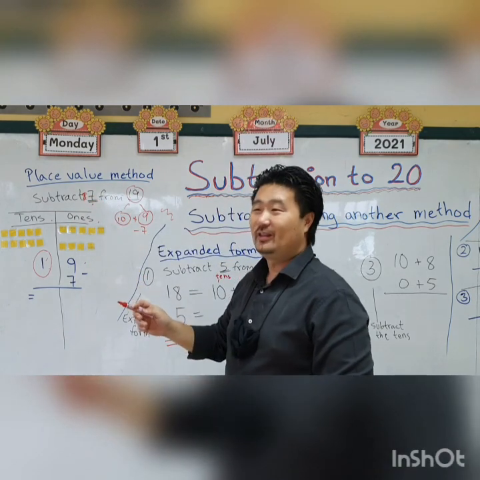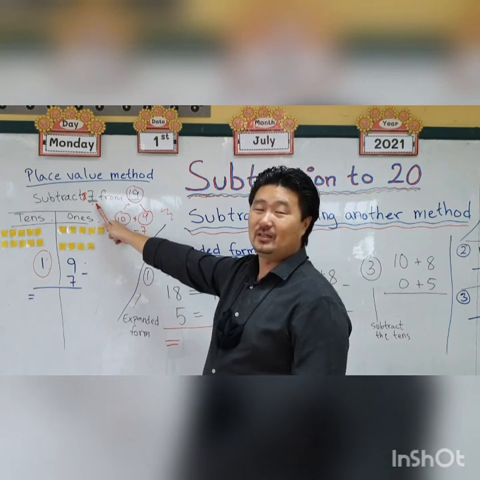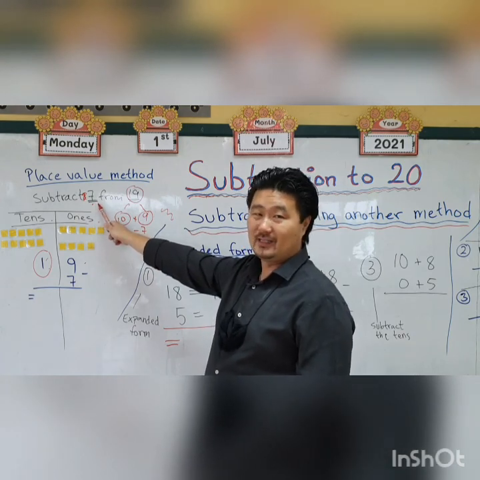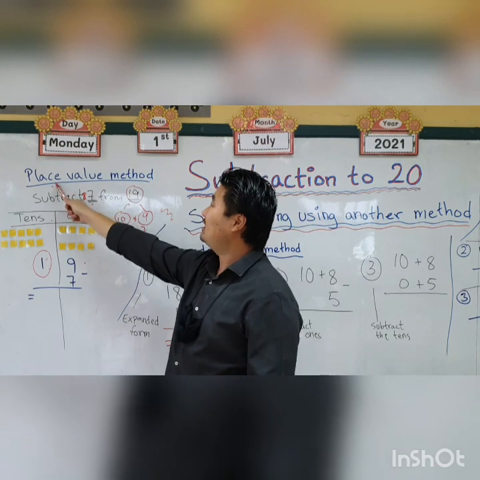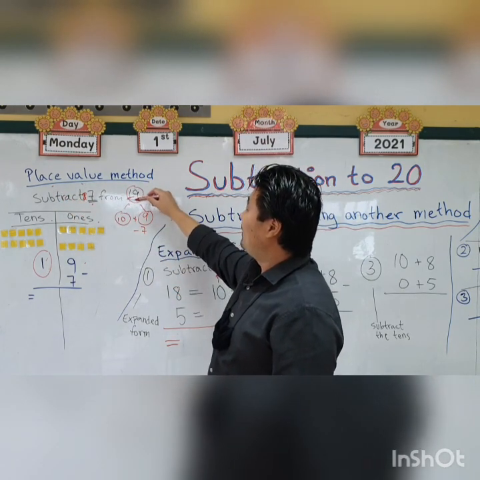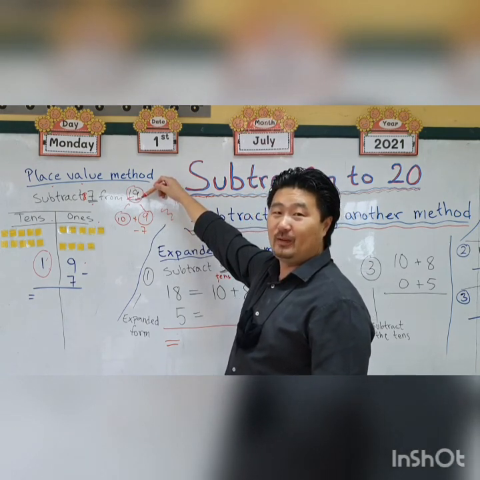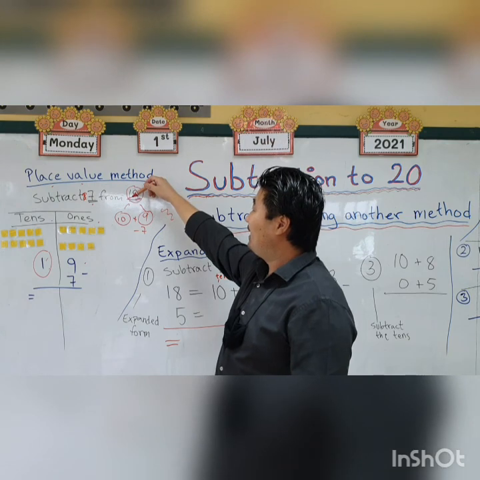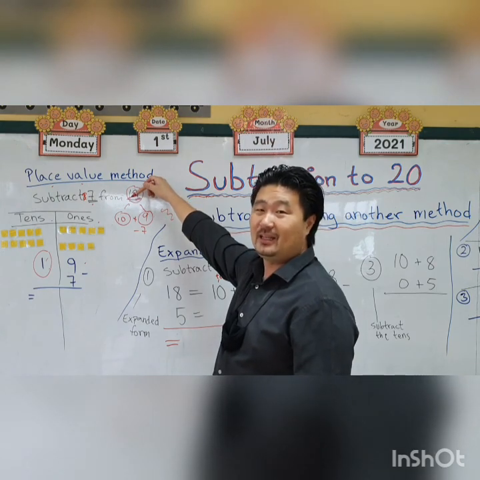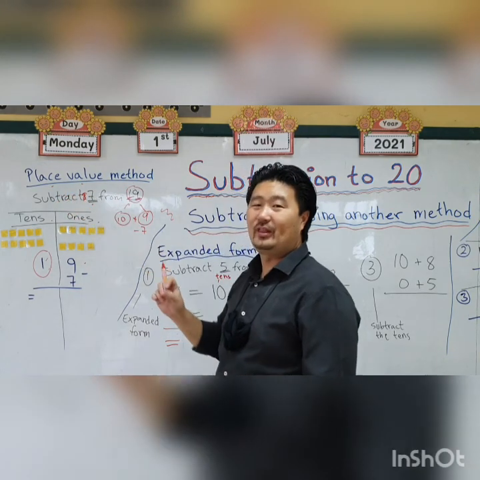There's nothing. So just a single 7 means it is 7 ones. Hence the place value. Because here they have 2 places, the last place is ones, and the place next to the last place is tens. So that's why it's called the place value method.